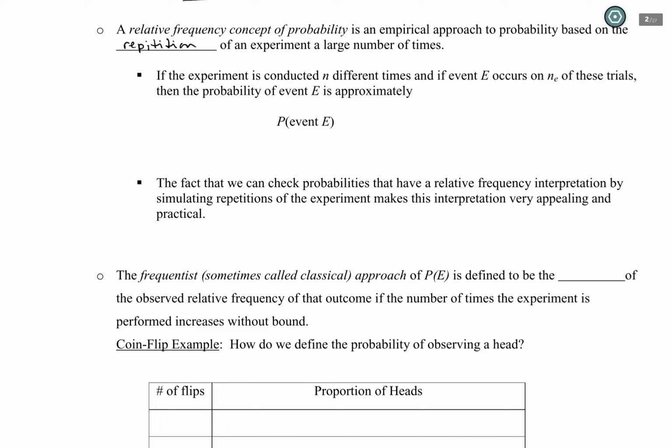So if the experiment is conducted n different times, and if the event E occurs on little n sub e of these trials, then the probability of E under this interpretation is approximately n sub e divided by n. It's a relative frequency. Frequency would just be the raw count, that would be n sub e. The relative frequency, because you're performing this experiment n different times, makes it a relative frequency.